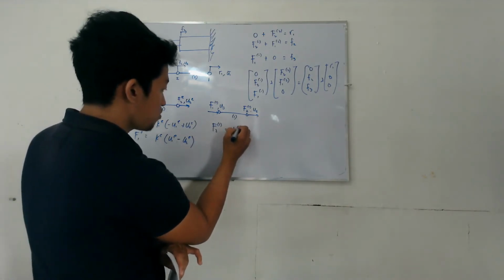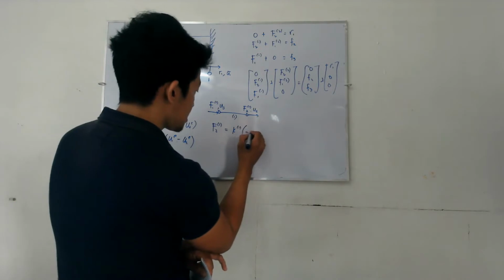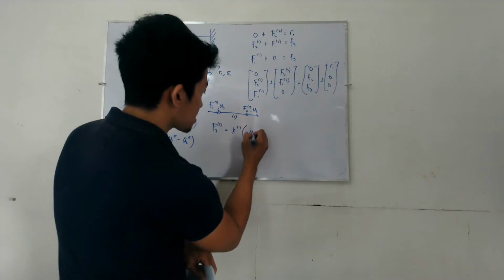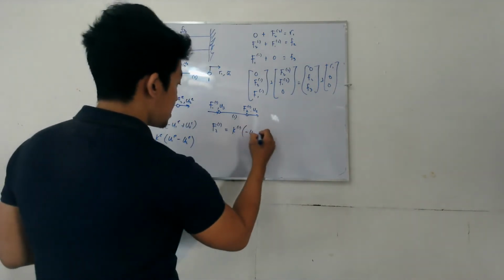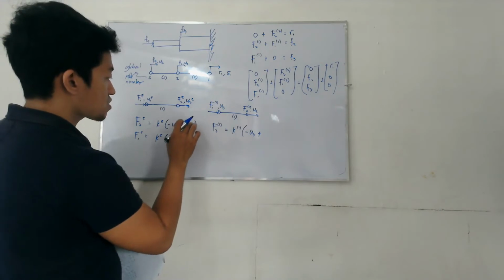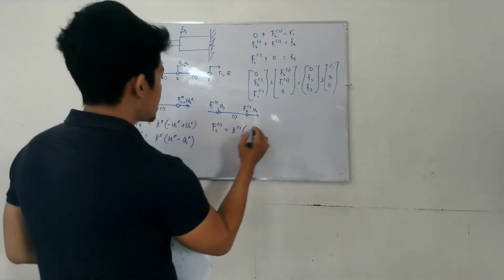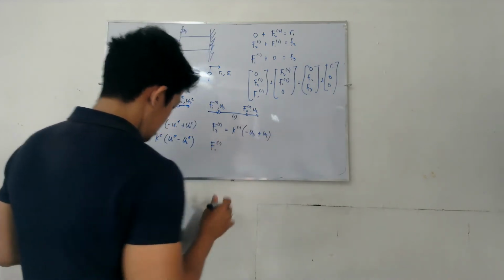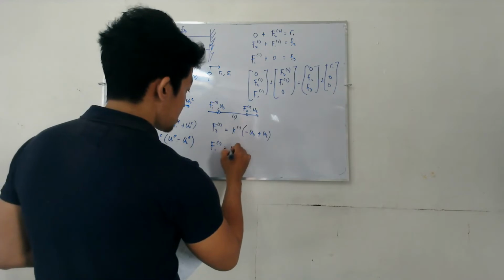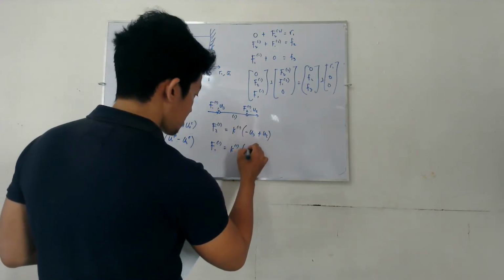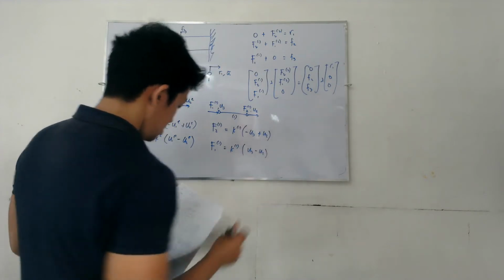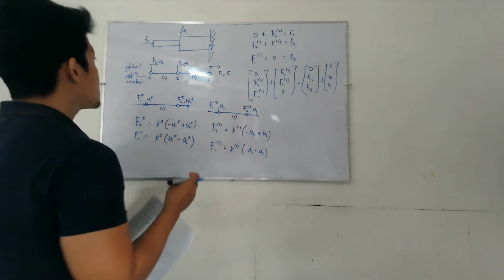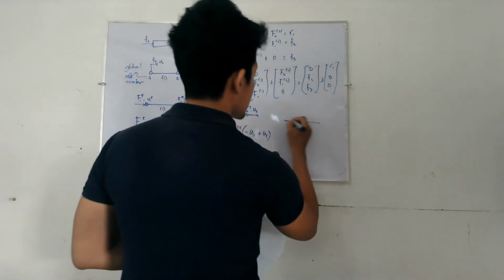So you have k of 1 times negative u1 to the a, which is u3, negative u3, plus u2 raised to e, which is u2. Okay? So that is it: k of 1 times u3 minus u2. Okay?